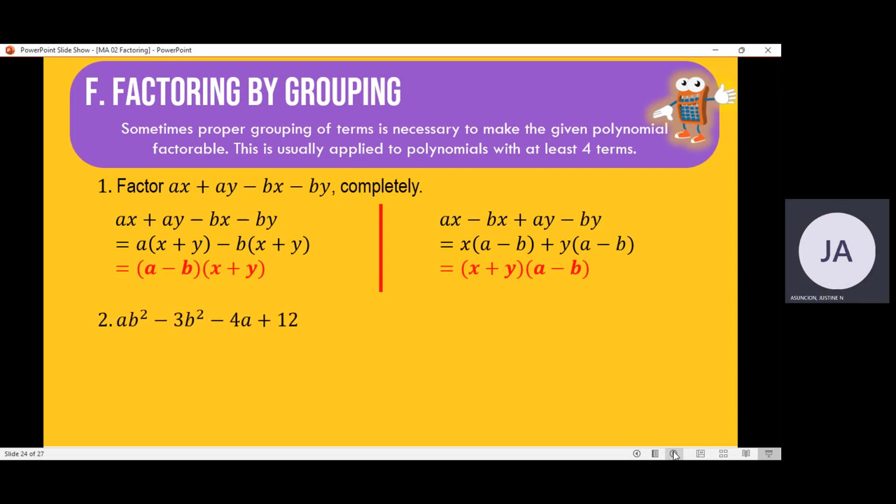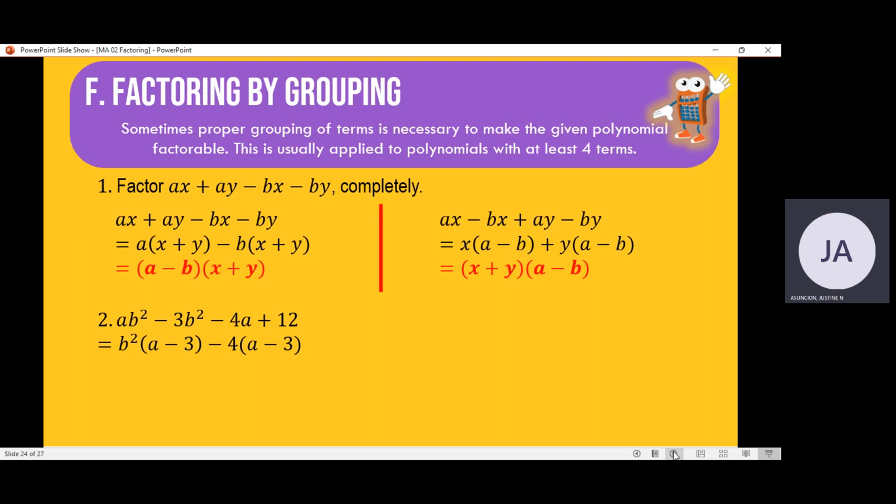Another example, ab squared minus 3b squared minus 4a plus 12. Let's identify if there's a common monomial factor between these terms. For ab squared minus 3b squared, that's b squared times the quantity a minus 3.